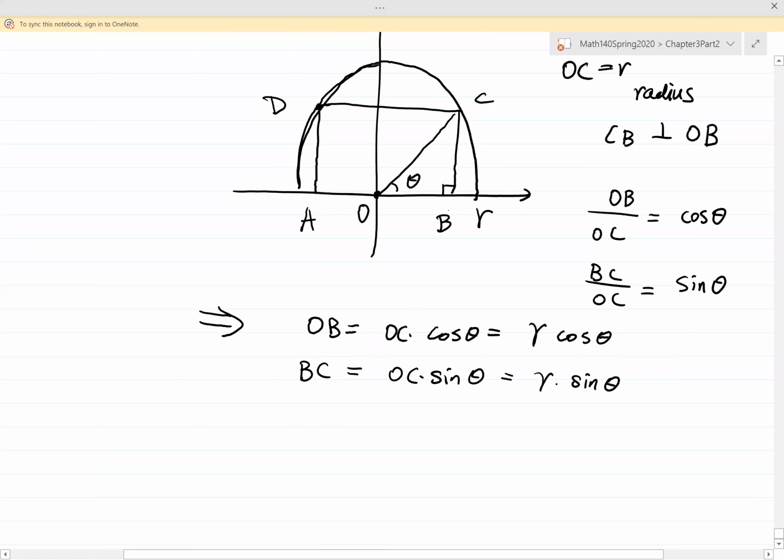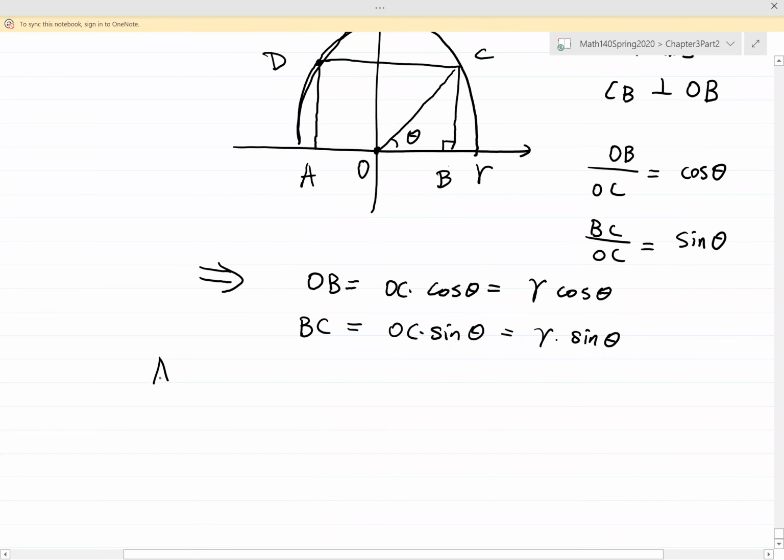Now we find the area A. The area A of theta is a function of theta. Once theta is determined, this uniquely determines the rectangle, so the area is uniquely determined by theta.